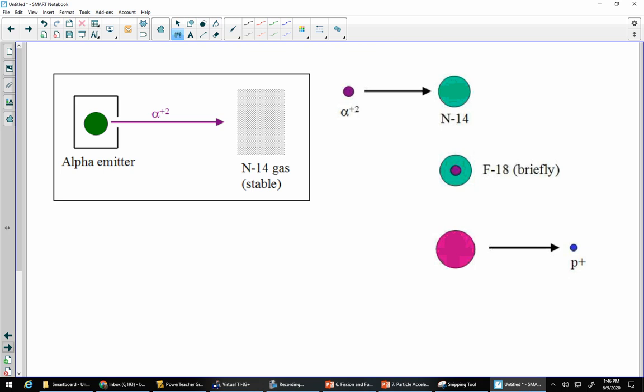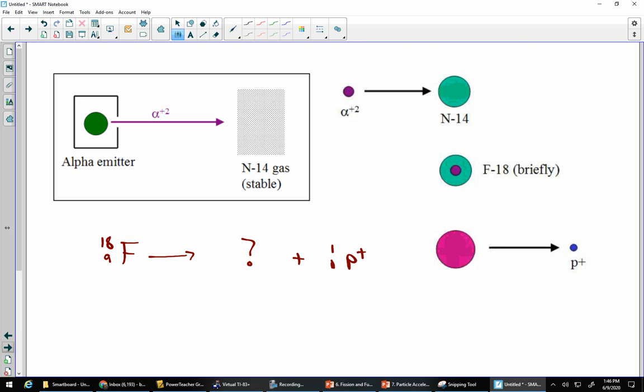So it immediately decays into a proton and something else. Could we figure out what that something else is? I'm taking fluorine-18, and it is going to break apart into a question mark plus a proton. A proton has a mass number of 1 because it's made out of 1 proton, and a charge of 1, because it's a proton.